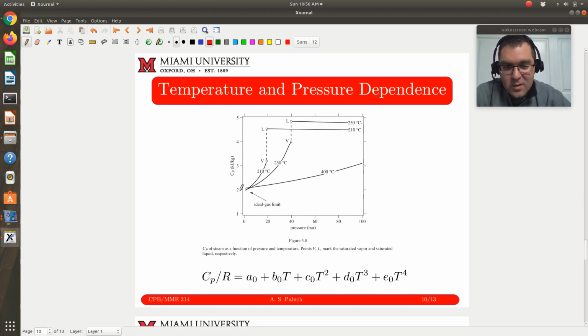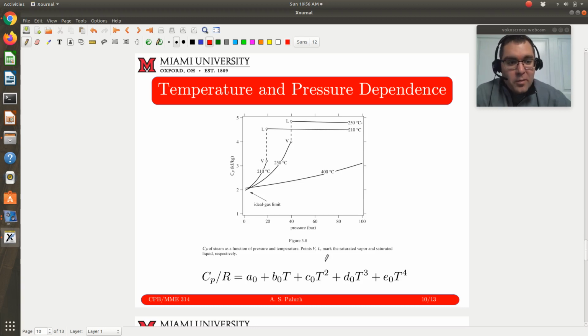As your curve approaches the ideal gas limit, it becomes horizontal. So enthalpy and internal energy are only functions of temperature for an ideal gas, and so heat capacity is also only a function of temperature. So for ideal gases, you'll often see heat capacities tabulated in this form as polynomials with respect to temperature.